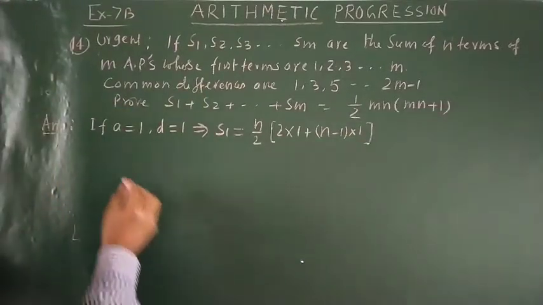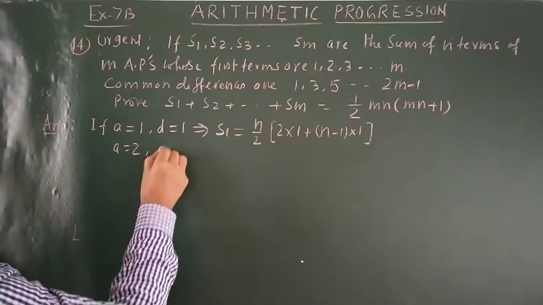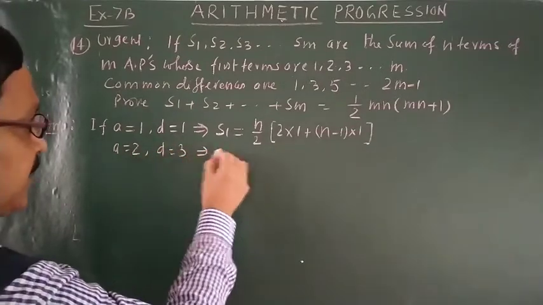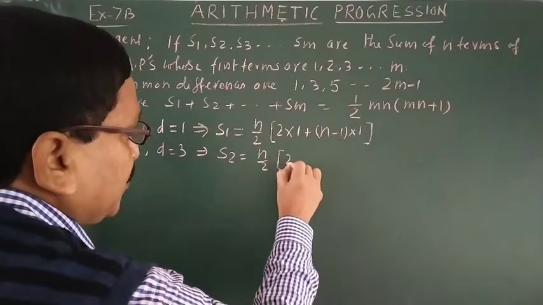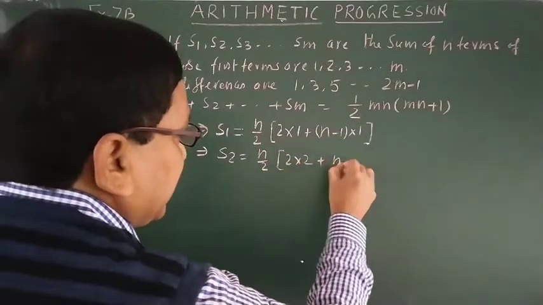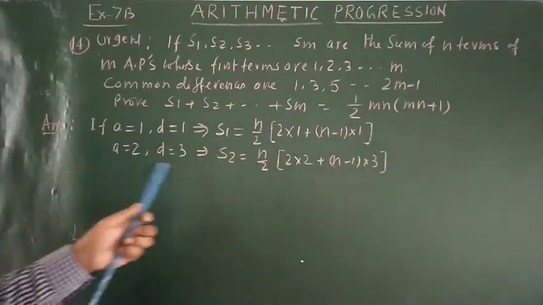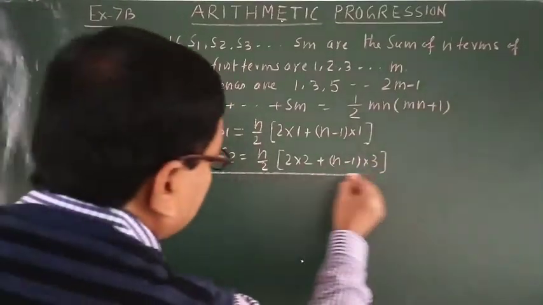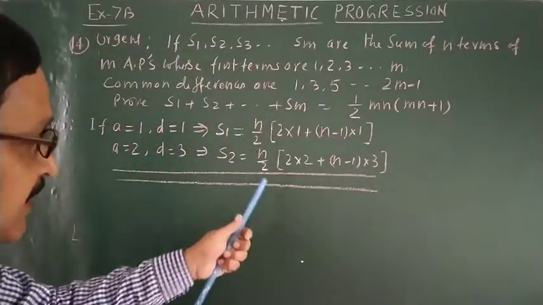Now similarly, if a is equal to 2, d is equal to 3, then our S2 is n by 2 (2 into 2 plus (n minus 1) into 3). And lastly, no need to write all the terms. These are the symbols of succession.